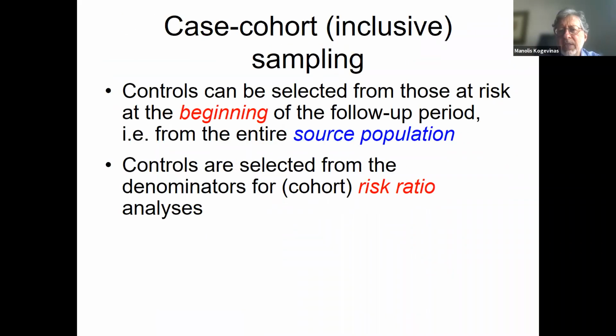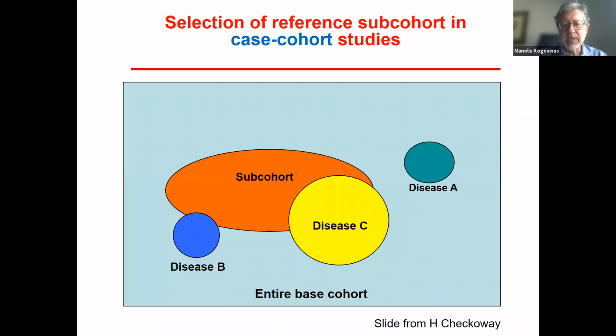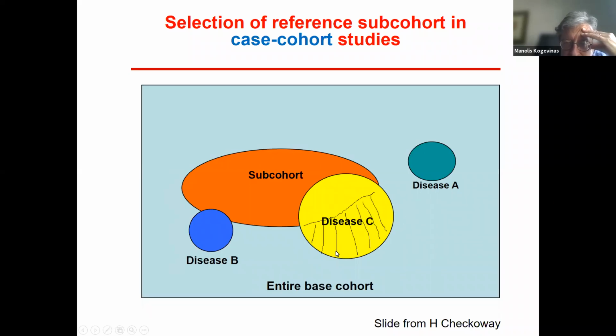So controls are selected from those at risk at the beginning of the follow-up from the entire source population, and controls are selected from the denominators for a risk ratio analysis. So this is what we have. And the important thing is that we are not getting only the diseases from the subcohort, but we're getting these additional cases.